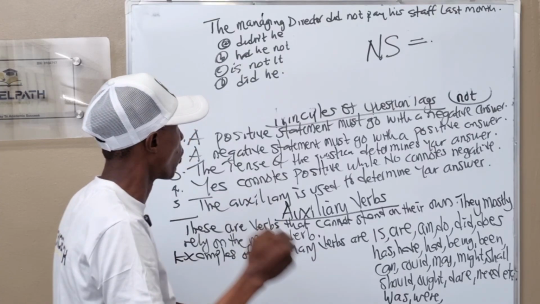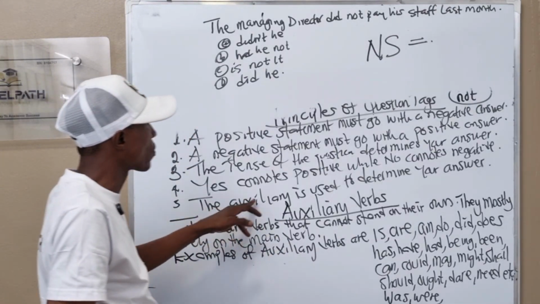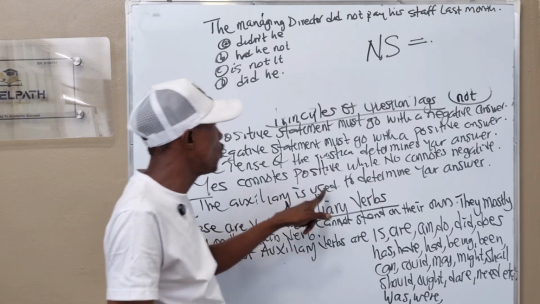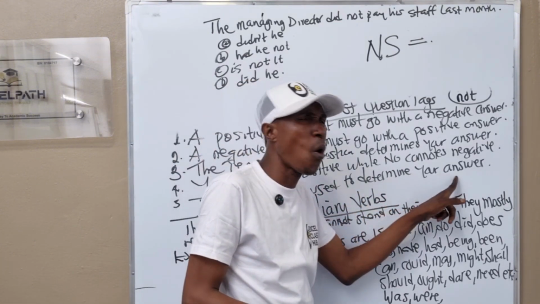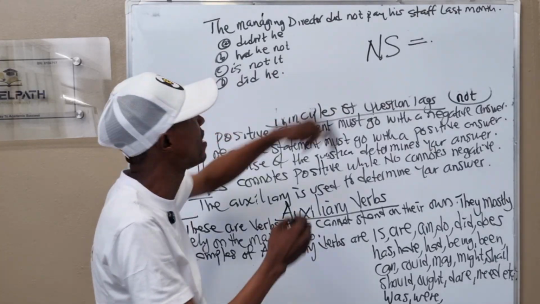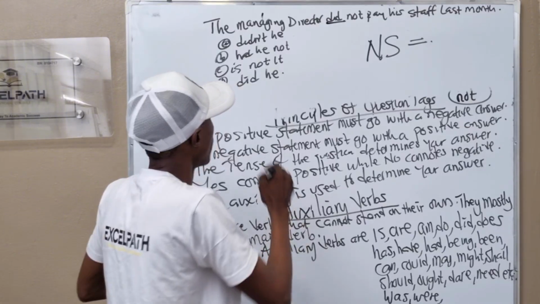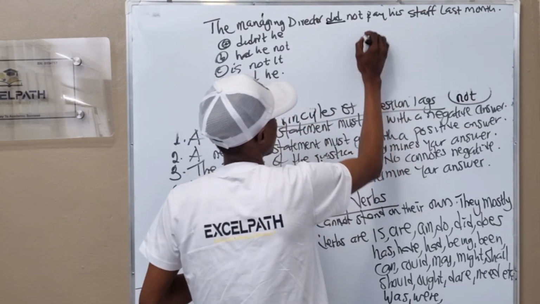Then finally, the auxiliary verb is used to determine your answer. The auxiliary verb used in this question is "did". So you have to pick out the "did" first.